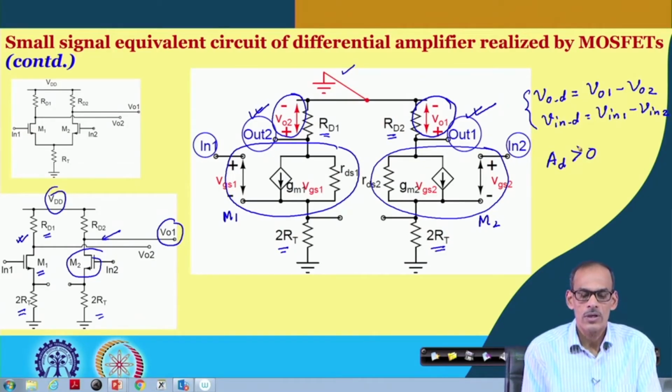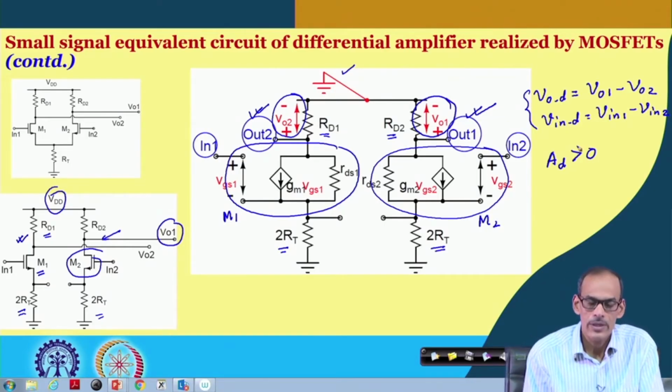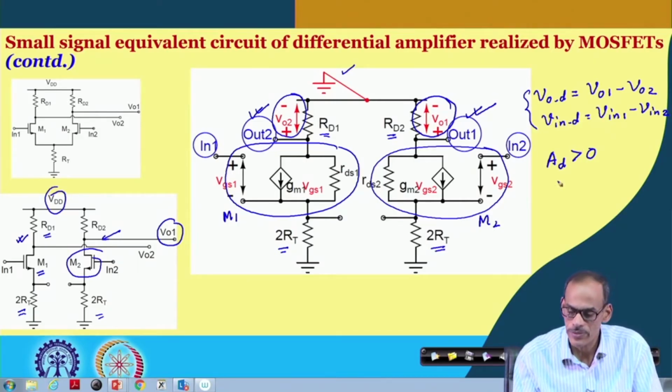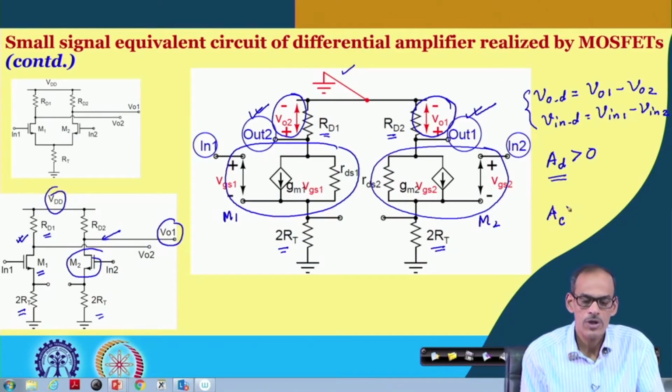So, now we would like to stimulate this circuit in two modes of operation, and we would like to get the expressions of differential mode gain and common mode gain for the two small signal equivalent circuits, one for BJT, another for MOSFET.